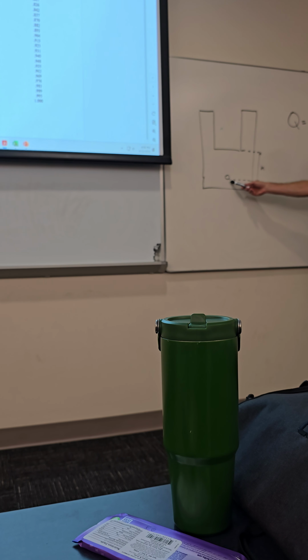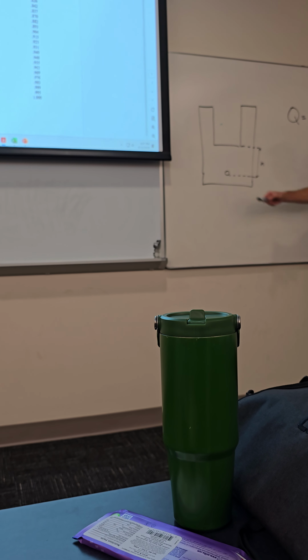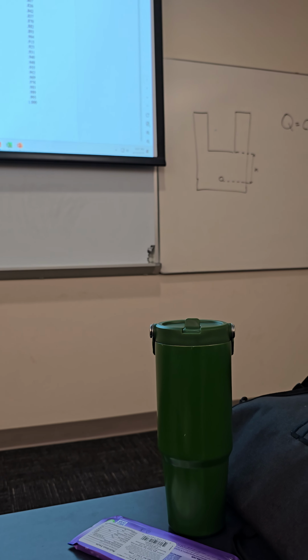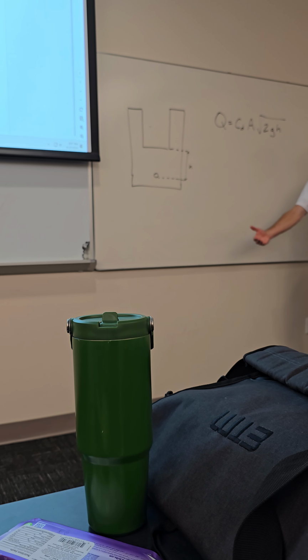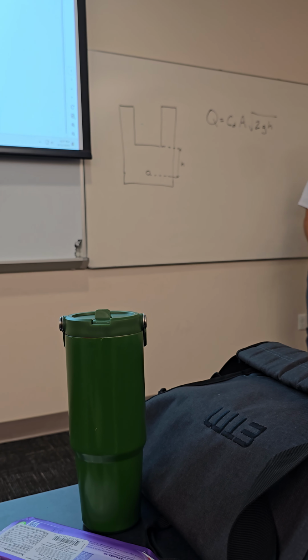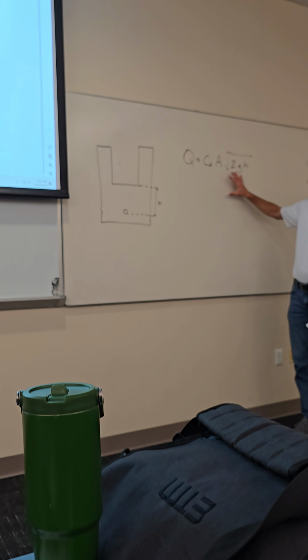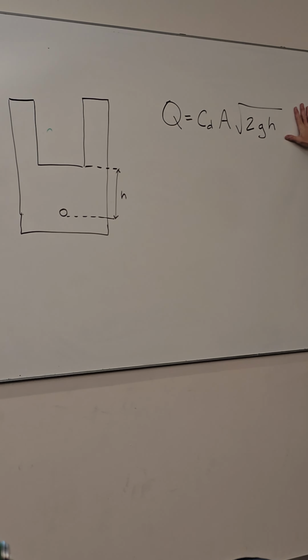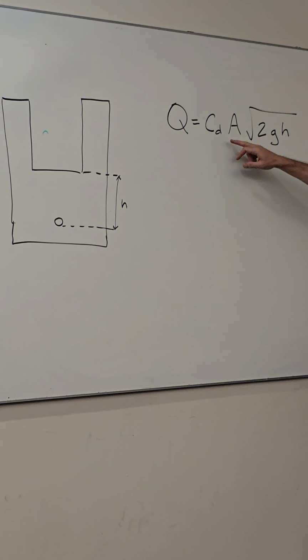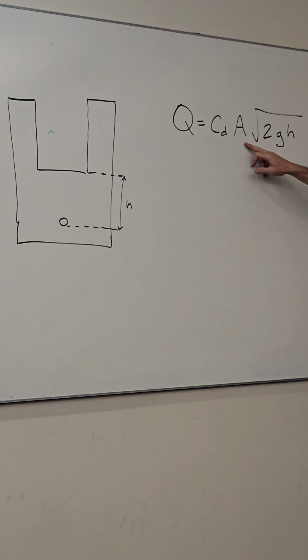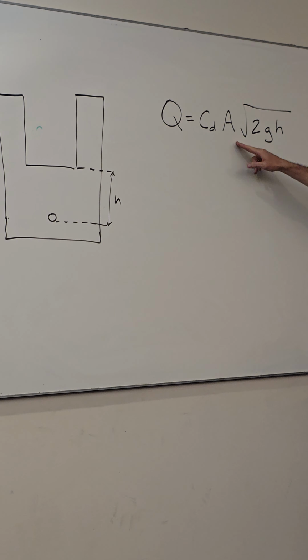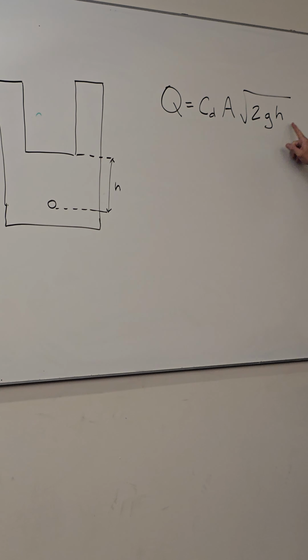So what we want to do is be able to size that orifice so we achieve the 14-day recovery time, okay? So what we're gonna do is we're gonna look at the orifice equation, which is here. The flow is an orifice coefficient times the cross-sectional area of the orifice times the square root of 2gh.